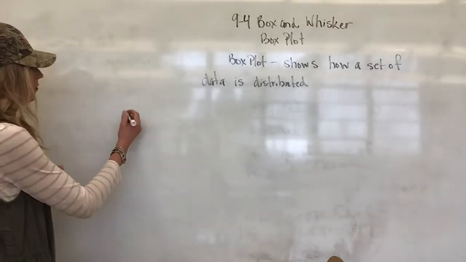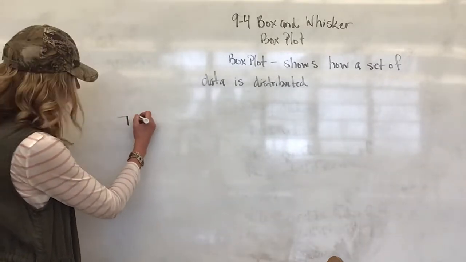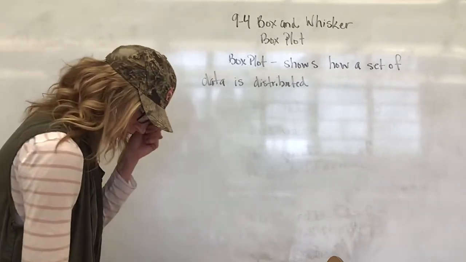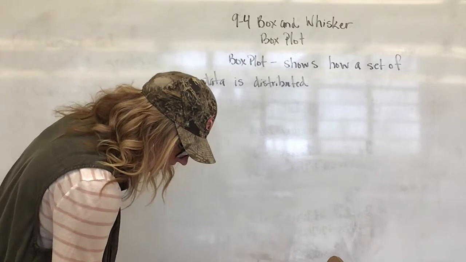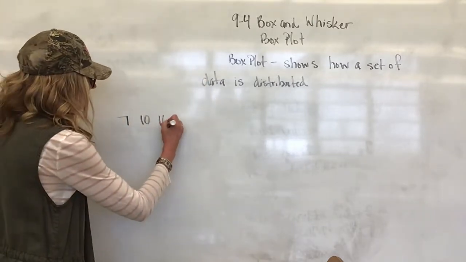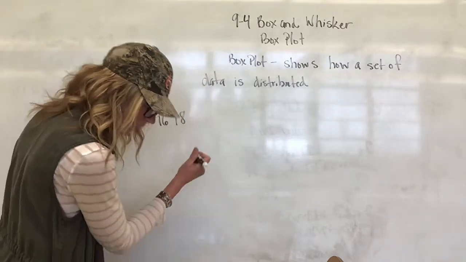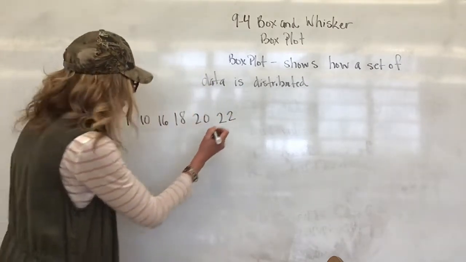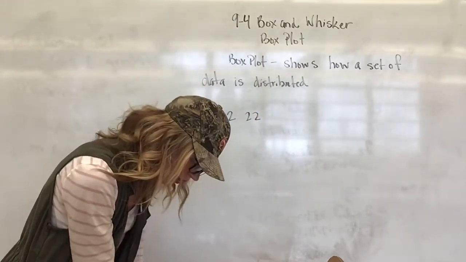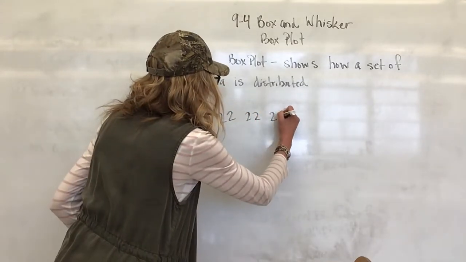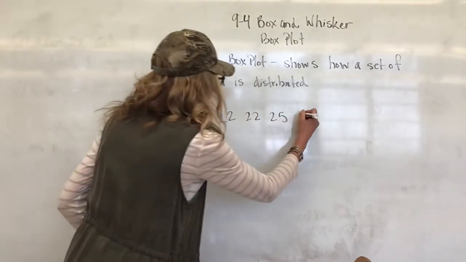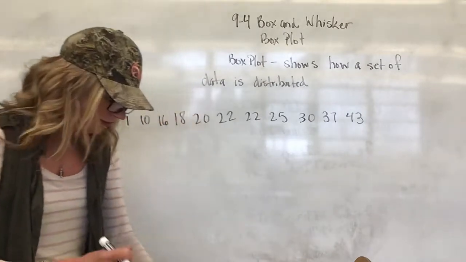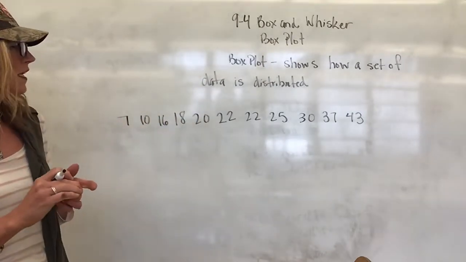So let's put the data on the board. 7, 10, 16, 18, 20, 22, another game of 22, 25, 30, 37, and 43.